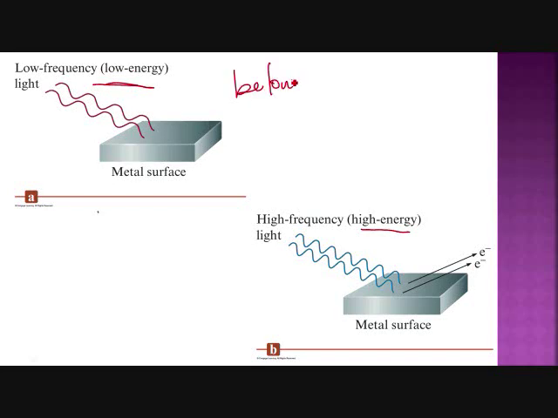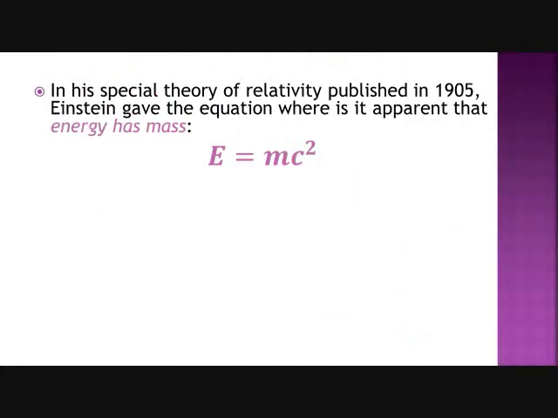It doesn't have enough energy to push out the electrons. But this is blue light, and blue light has a smaller wavelength and a higher frequency, so higher energy, and that is able to shoot off electrons. That's what he did to figure this all out with his experiment, the photoelectric effect.